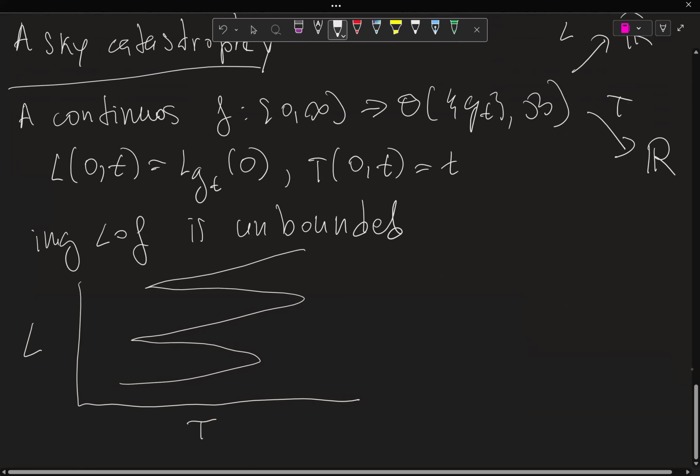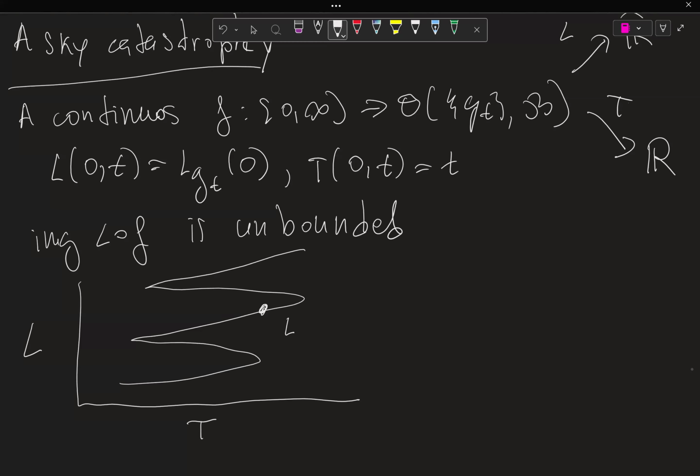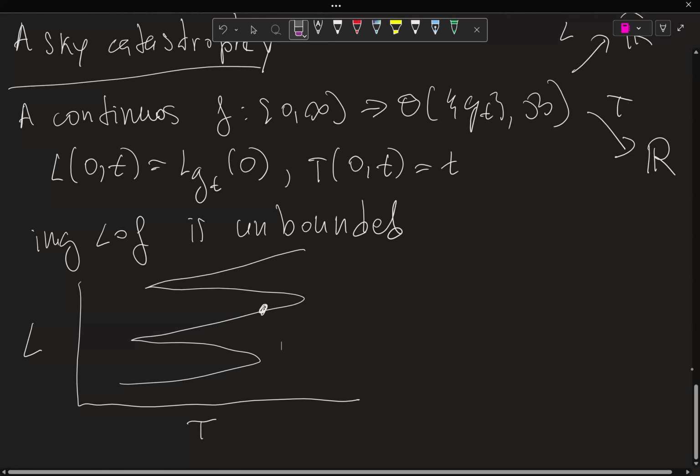A point here is basically t, F, tau. So this is just a planar picture.